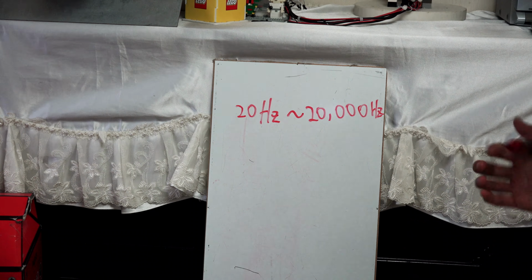So let's talk about how the 40,000 Hz sound is used to find out the distance. I will put this ultrasonic sensor on top of here, and here's the obstacle. First we have to trigger the ultrasonic sensor.